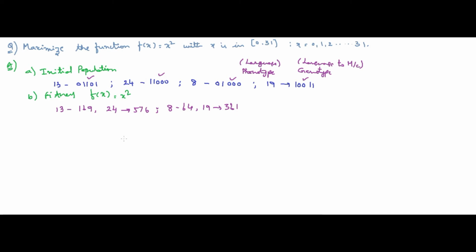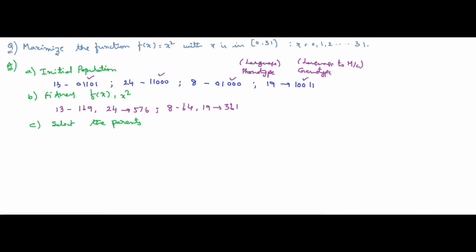Once this part is over, we will go to the next step, which is to select the parents. How to select the parents? The selection can be based on the fitness. Maybe we need to see the fitness as a probability.